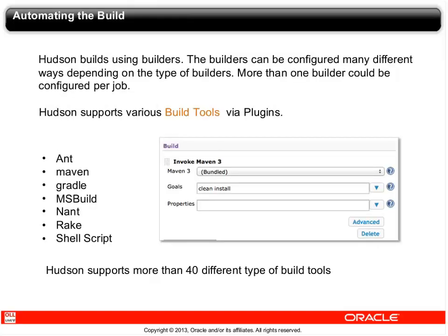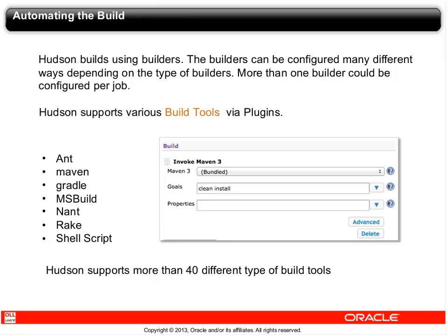Once you tell Hudson where the sources are, next you tell Hudson how to build it. That means Hudson also needs to know about the tools. There are so many tools available, like Ant, Maven, Rake, and shell scripts.